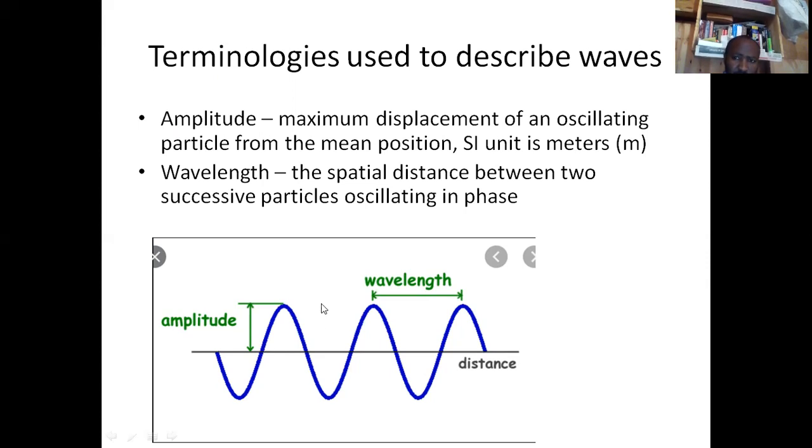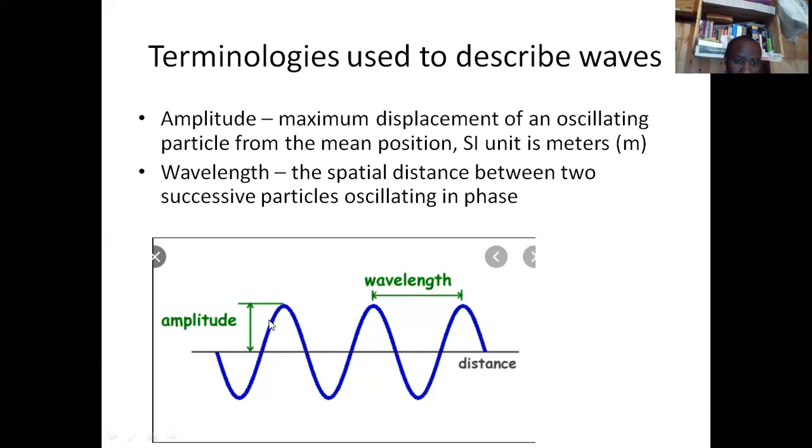I don't know if you can see my cursor. So we could start measuring our wavelength from this point. You see the wave at this point is moving downwards. So a wavelength would start from this point all the way to this point. So from here to here is also a wavelength.